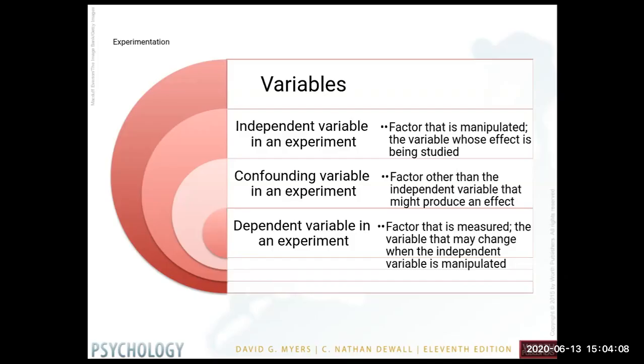The confounding variables in the middle here are factors other than the IV that might produce an effect. Like you may get a better score on your exam if you're better caffeinated. These confounding variables, you don't want to interfere with the relationship between the independent and dependent variable. So you want to hold them constant.